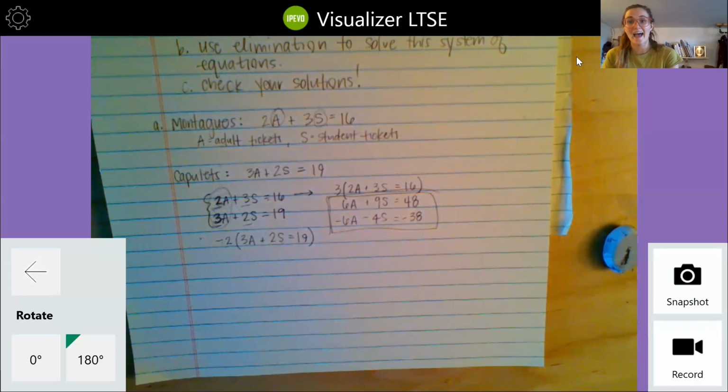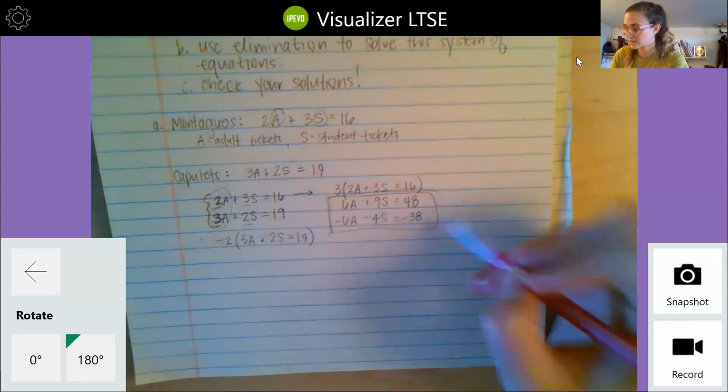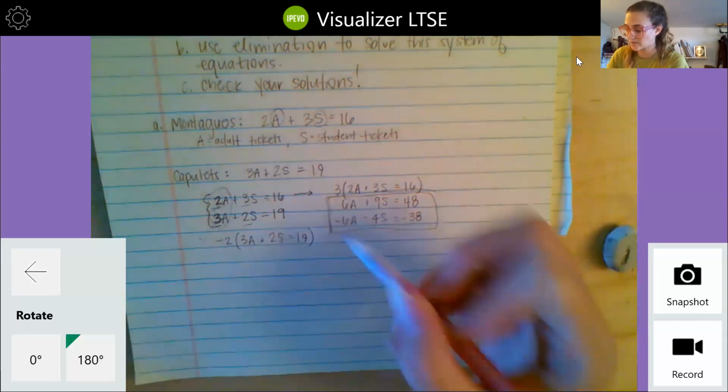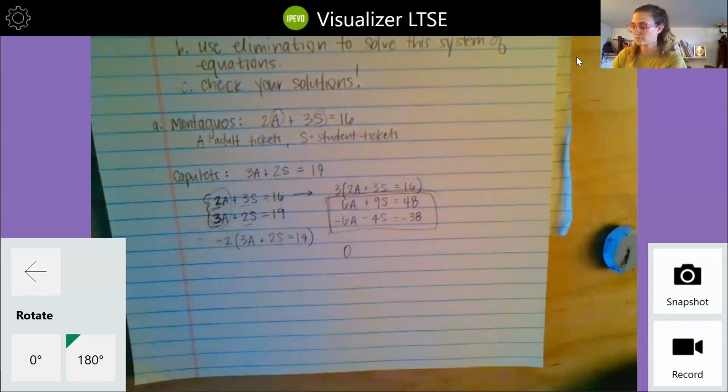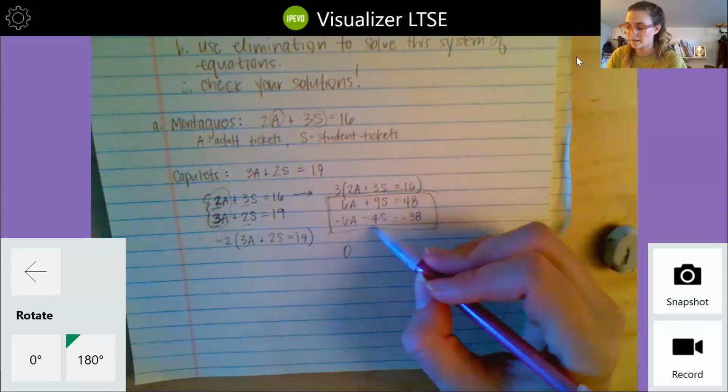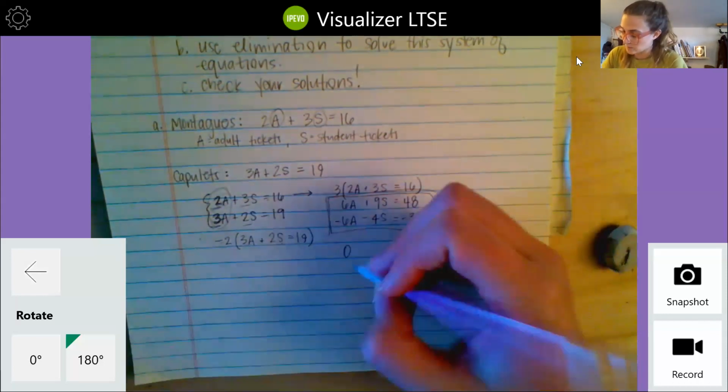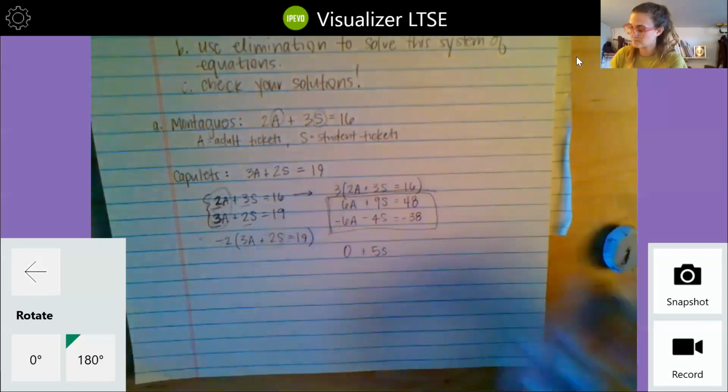Because I can add these two equations together and I'd be able to cancel out one of my variables. So if I add these two together, 6a and negative 6a gives me 0. 9s minus 4s gives me 5s.